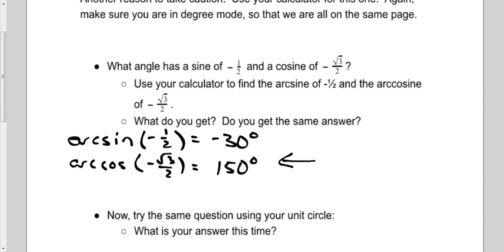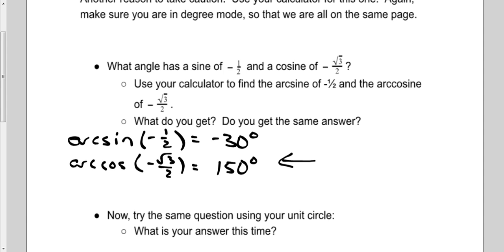So if I got a negative sine and a negative cosine, what quadrant am I in? Third quadrant, below the x-axis and to the left of the y-axis. Are either of these angles in the third quadrant?